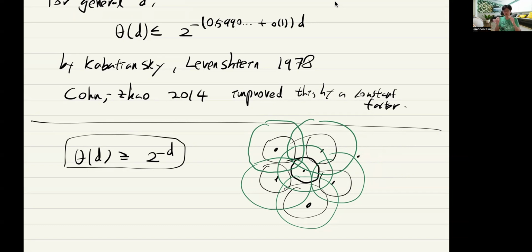That means before magnifying, it should cover at least this amount. Once you magnify by 2, the covered volume is multiplied by 2 to the d or less. After magnifying, it becomes 1. So the original fraction is at least 2 to the negative d.